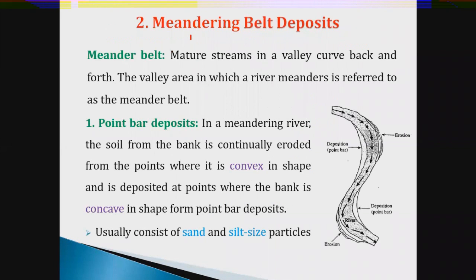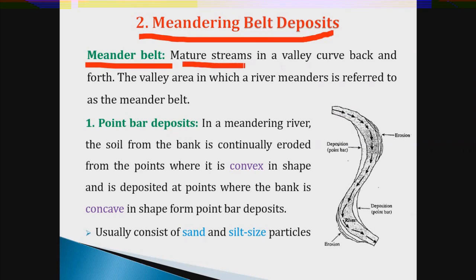Now let us discuss the meandering belt deposits. What is a meander belt? In a mature stream, what is the meaning of mature stream? A mature stream is a stream which has been moving in an area from the past centuries, which is old enough, senior enough to be called a mature stream.